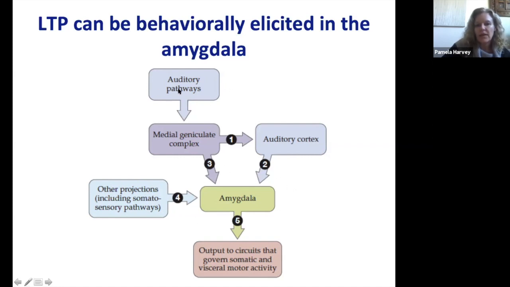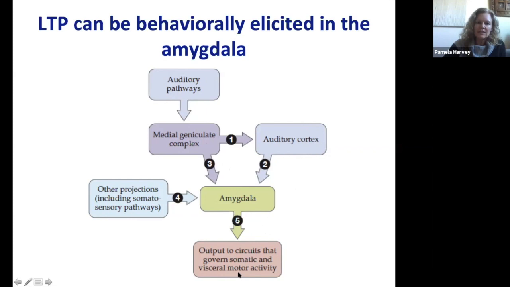So you hear the sound, it gets transferred to the medial geniculate complex, that's in the thalamus. It gets processed in the auditory cortex and is sent to the amygdala, or it can go directly to the amygdala. Now, what's been a little bit controversial is that these ultimately converge onto motor activity.